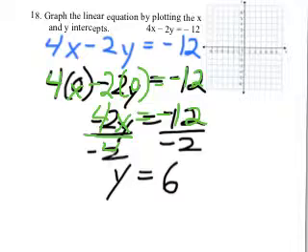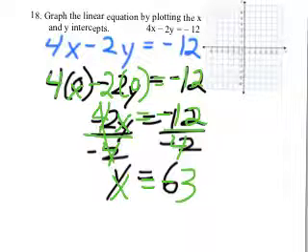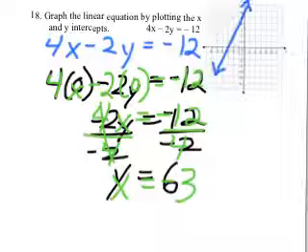Divide by 4, divide by 4, and we get x equals negative 3. Okay, so there's our x-intercept right there. And there we have our line going through the y-intercept, which is a positive 6, and the x-intercept, which is a negative 3.